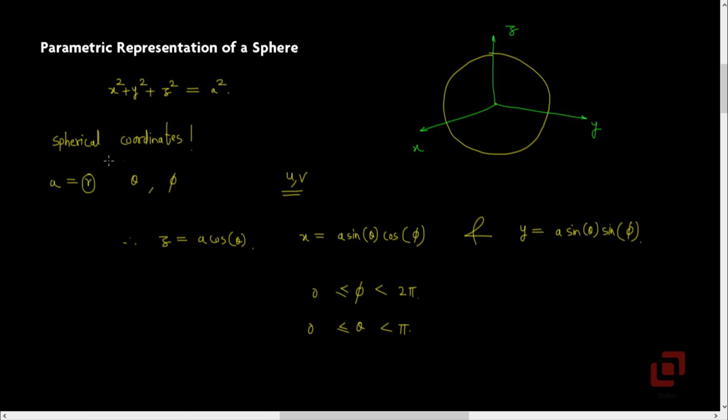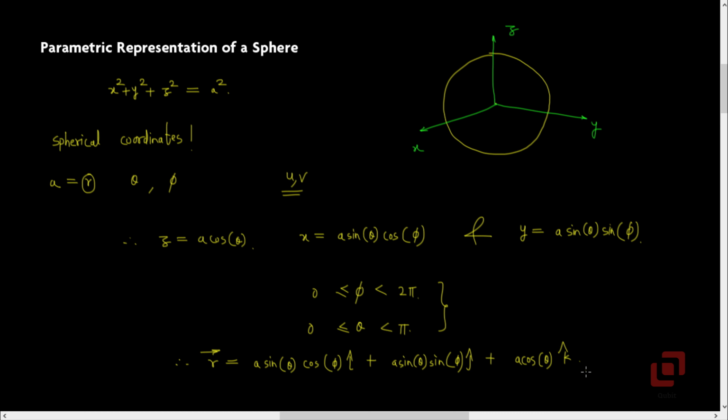If you are familiar with the spherical coordinates, then the ranges of the angles phi and theta should not be a difficult task for you. Therefore, r bar will be equal to a sin theta cos phi i cap plus a sin theta sin phi j cap plus a cos theta k cap.